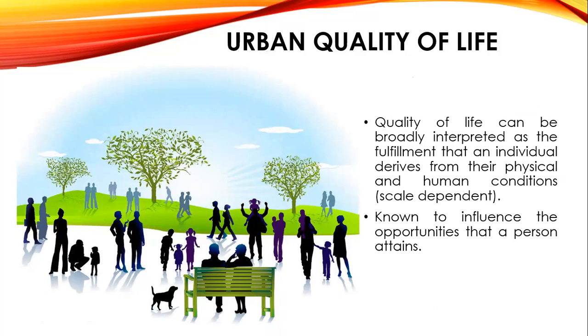That is, it can be from the neighborhood level, individual, township, citywide, village-wise, and so forth. And this quality of life tends to influence the opportunities that a person attains. We all come from different areas, and in some of the decisions that we make about where we live, there are certain factors that we're looking at.